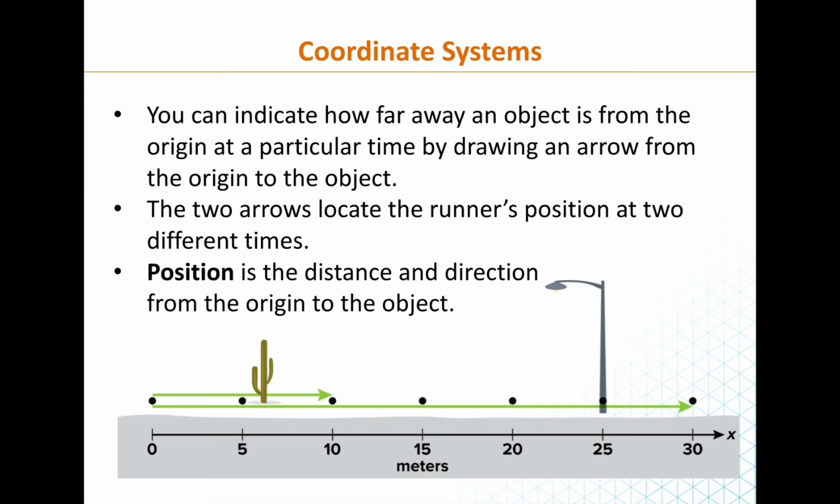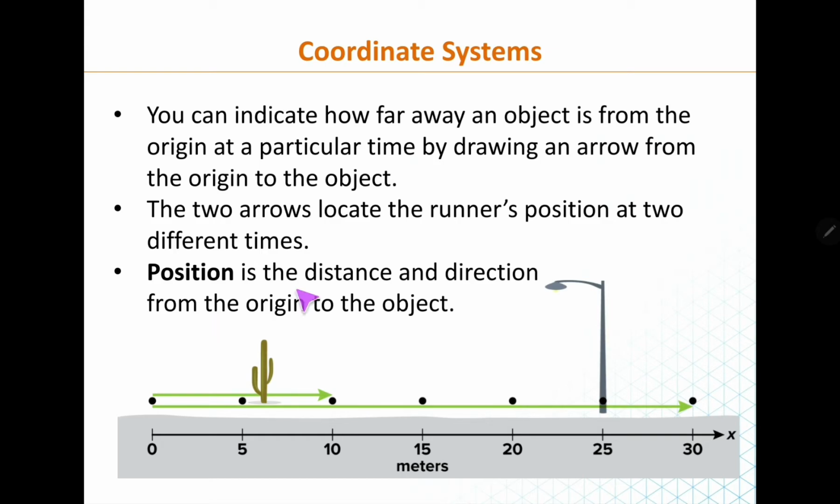The two arrows located the runner's position at two different times. So the runner started from here and reached 10 meters at one time, and after that, she continued running until she reached 30 meters at another time.